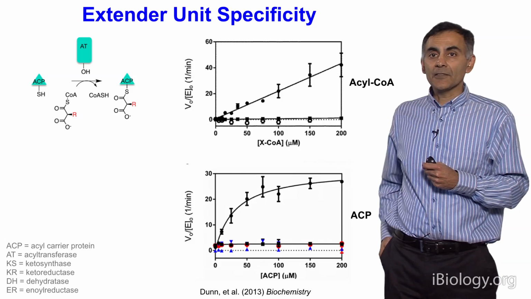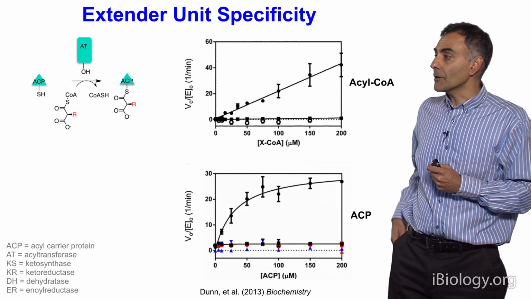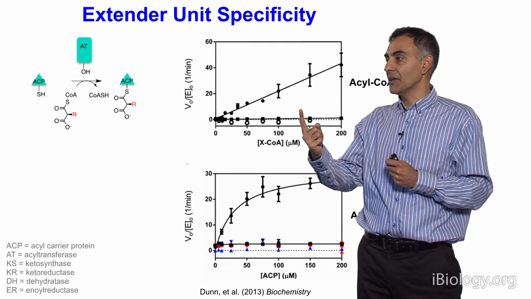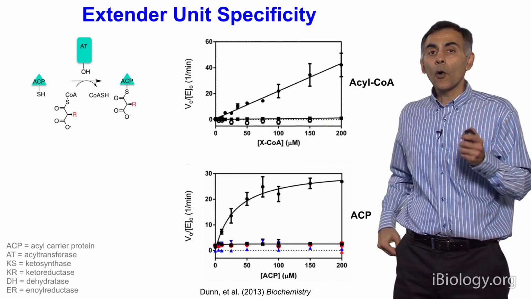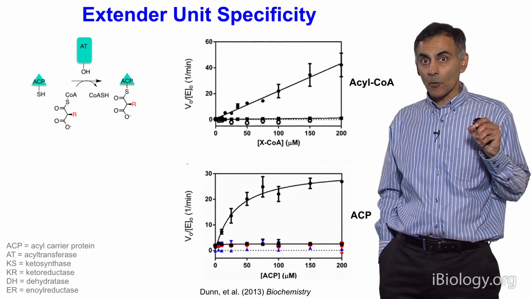These acyltransferases are relatively specific. Not only do they have high specificity, as shown in this graph, for the coenzyme A precursor, they are picking from the metabolic soup.